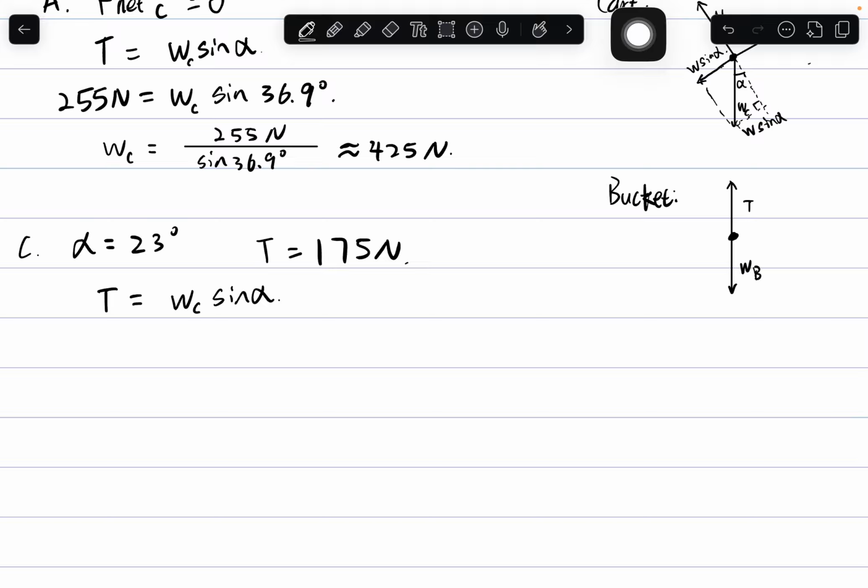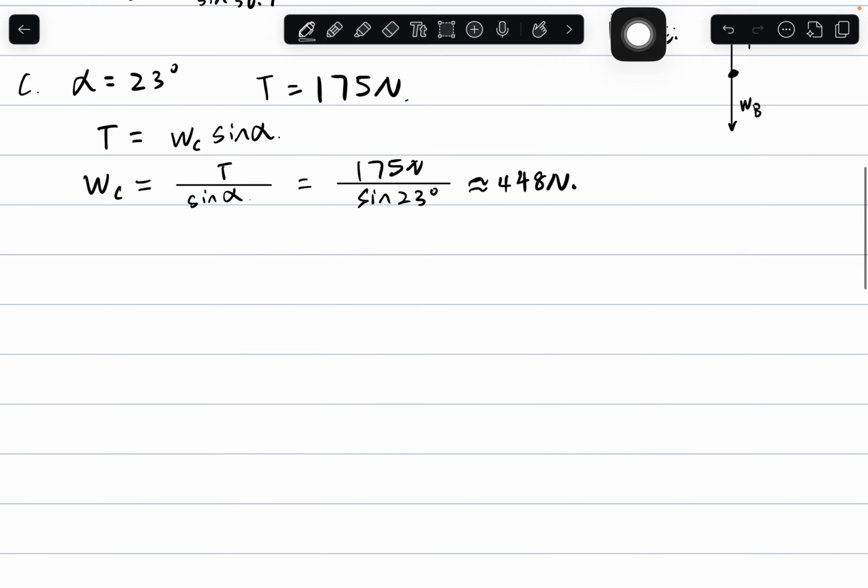So the weight of the cart equals the tension divided by sine alpha, so 175 Newtons divided by sine of 23 degrees, which is approximately 448 Newtons. So that's the weight of the cart.